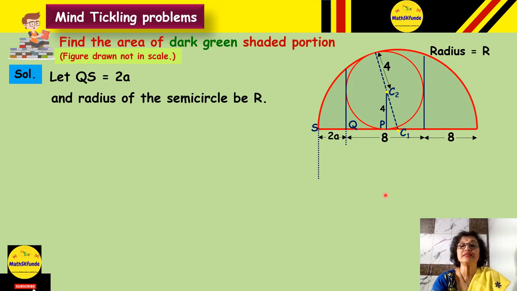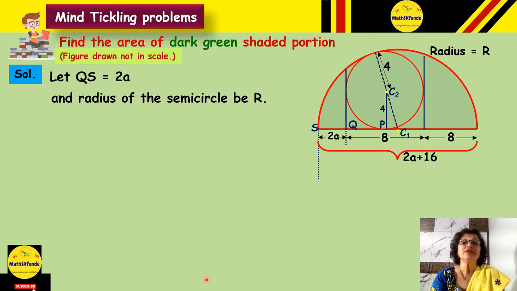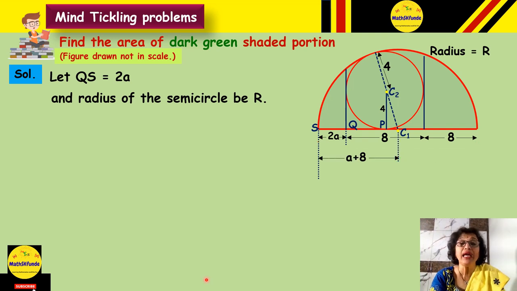Realize that this distance SQ is 2a. So 2a plus 8 plus 8 is the diameter's length. That is 2a plus 16. So how much is the radius in that case? The radius is a plus 8.